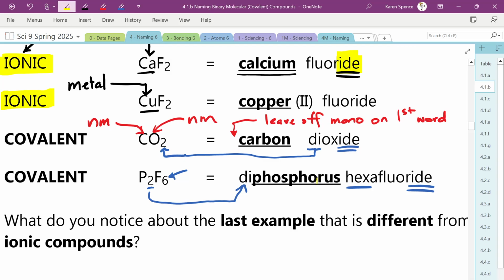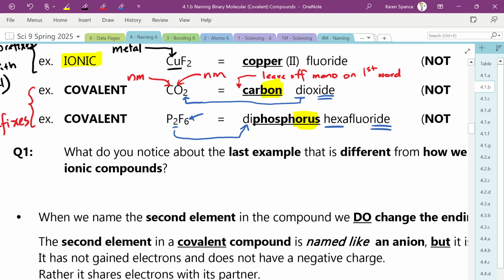Does the ending of the first word change? Do we get an ide on the first word? No. Okay, so just like when we were naming ionic compounds, we do not change the ending of the first word. We just change the ending of the second word to ide.